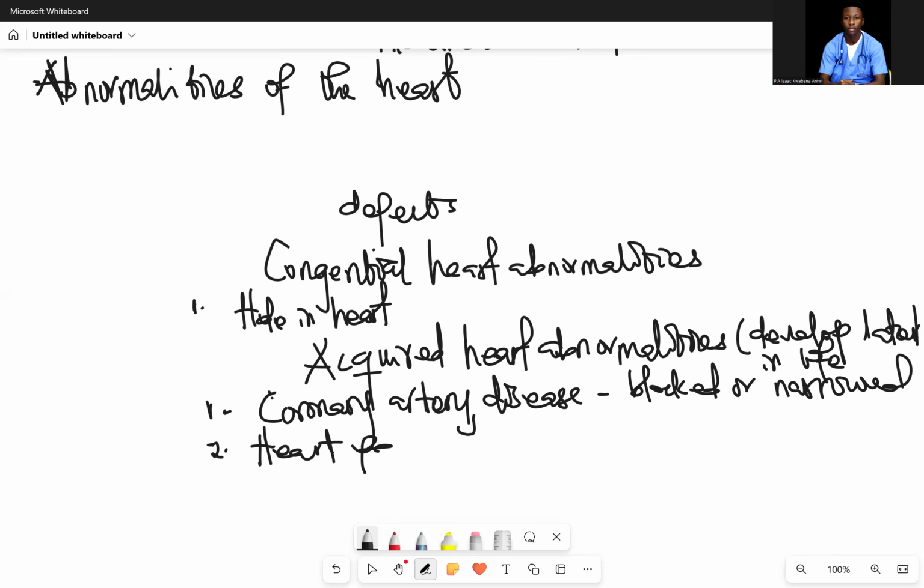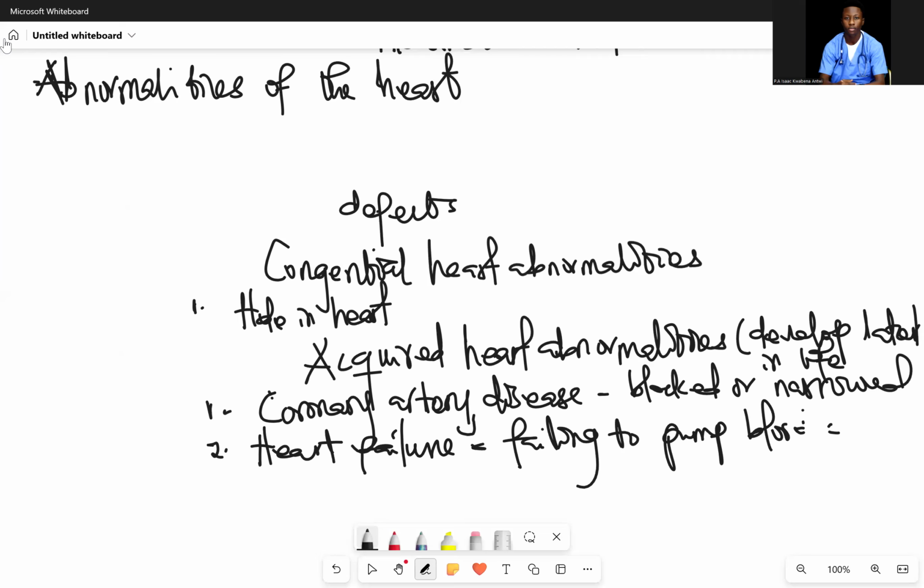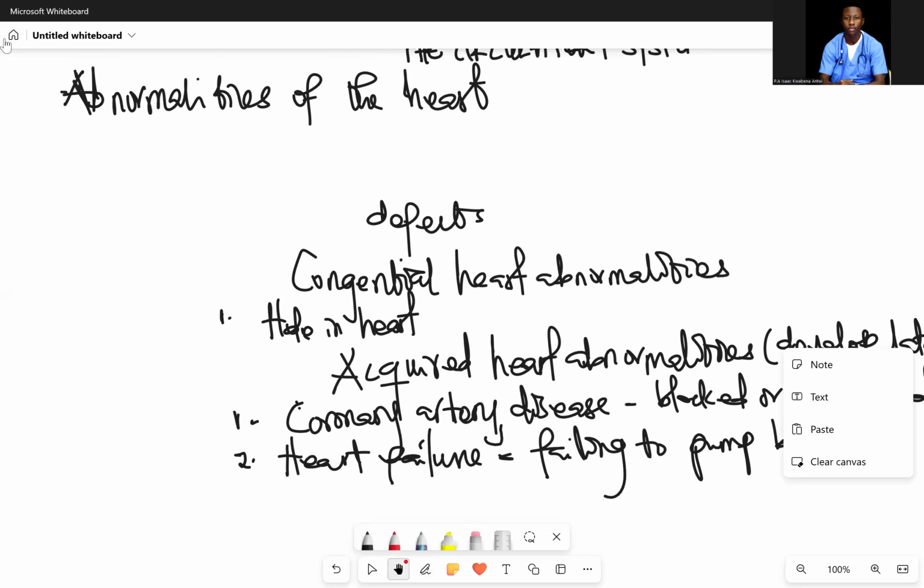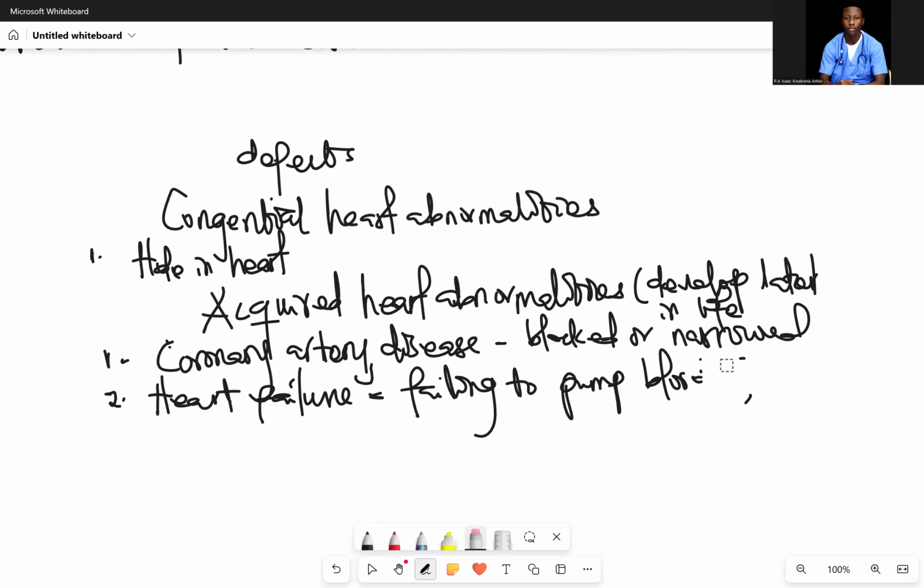Heart failure is when the heart cannot pump blood effectively, failing to pump blood effectively.